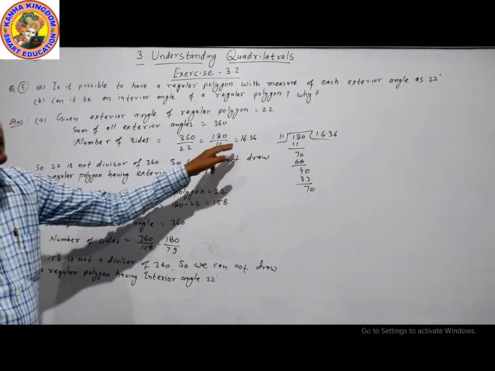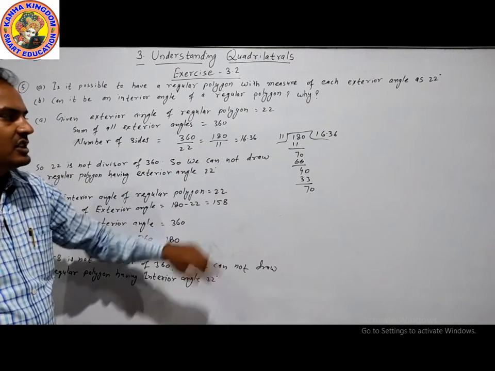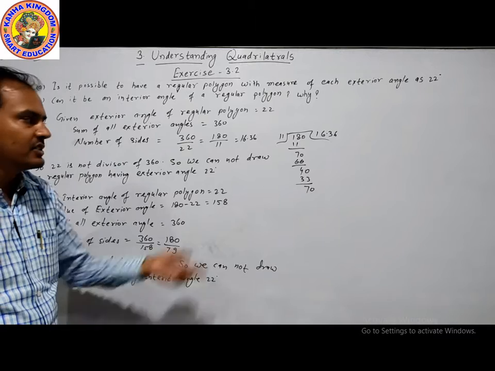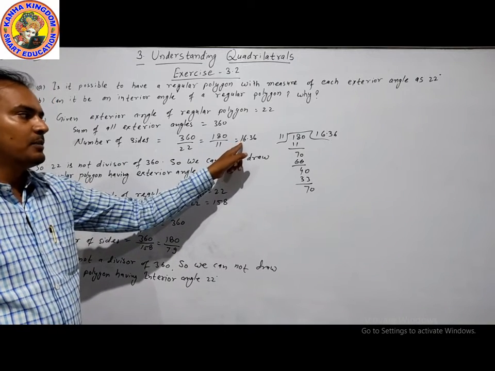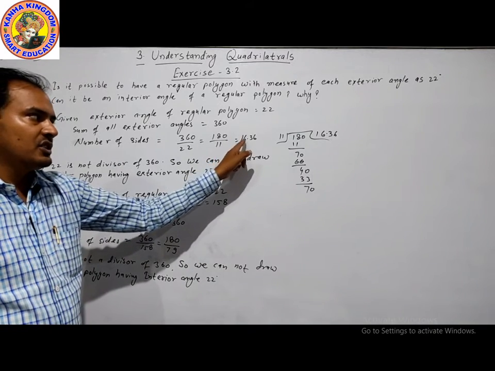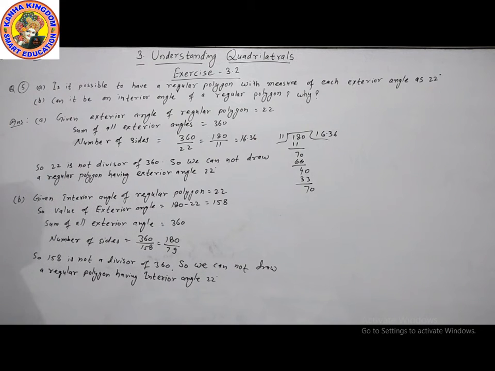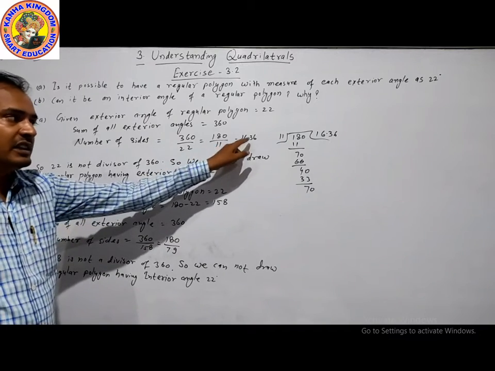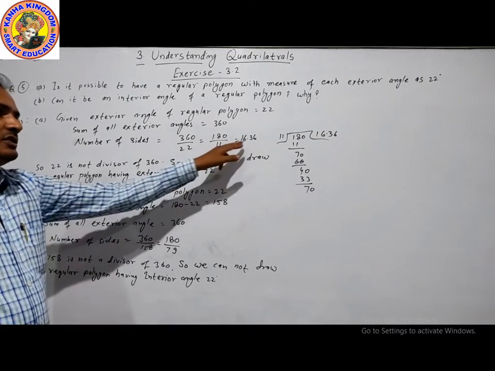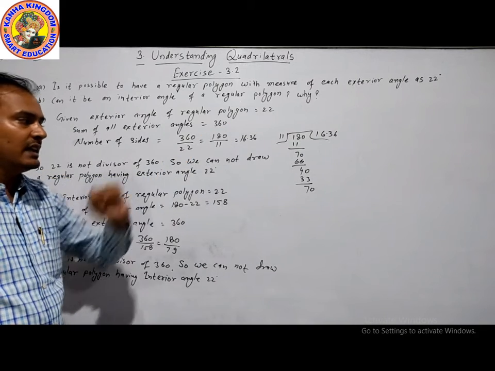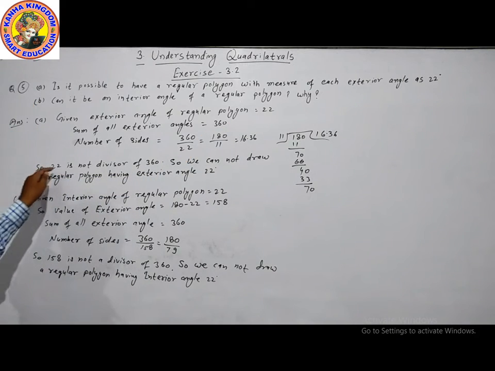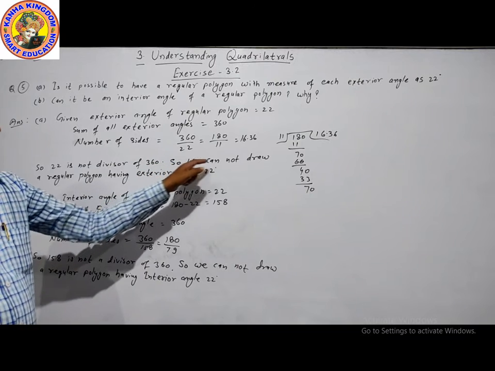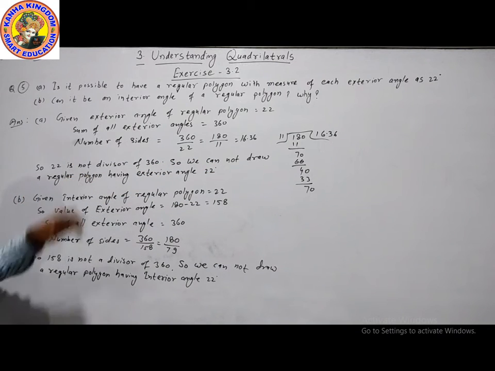We can draw a regular polygon with 16 sides or 17 sides, but a regular polygon cannot be drawn using 16.36 sides. The number of sides will be an integer, not a decimal number. So 22 is not a divisor of 360. So we cannot draw a regular polygon having exterior angle 22.